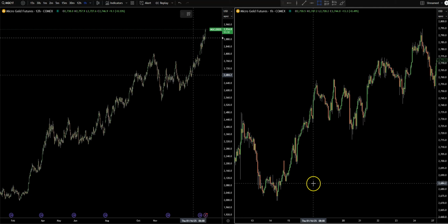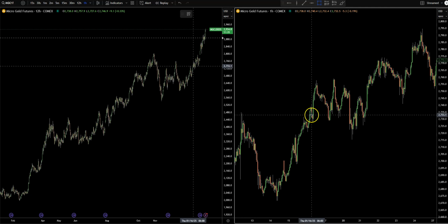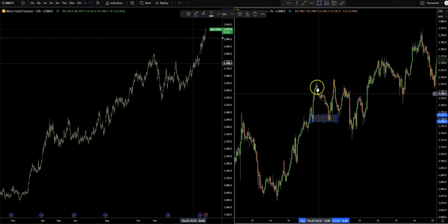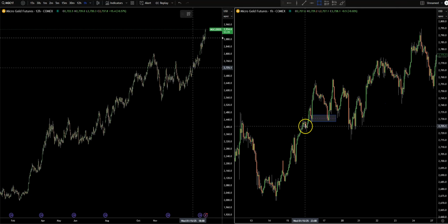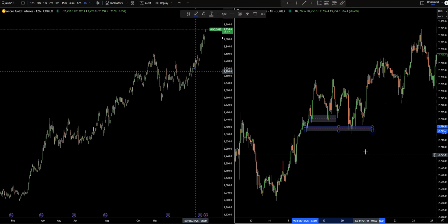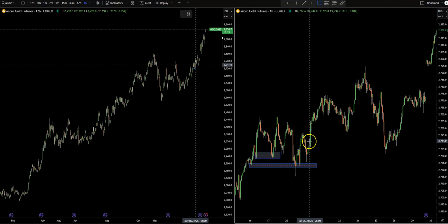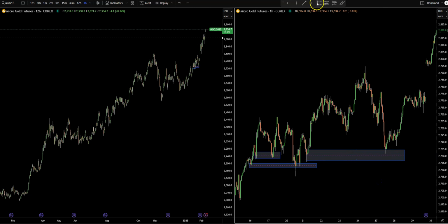Now, is every demand zone going to hold? Absolutely not. Anybody that tells you otherwise is lying to you. But there will be plenty of good trade opportunities and clearer targets if you trade the demand zones on the lower time frame inside a higher time frame uptrend.